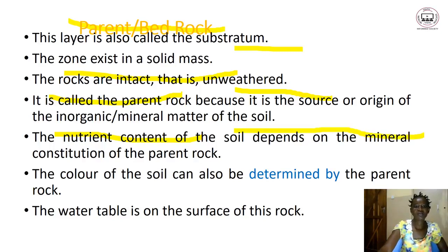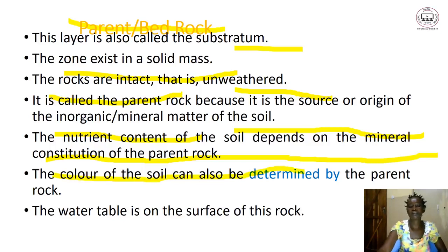And most of the times, since we're saying that the origin of the soil is the rock, the nutrient content of the soil will depend on the mineral constitution of the parent rock. Definitely we will not have only one type of parent rock down there in the ground.